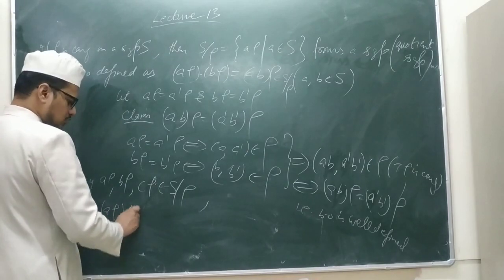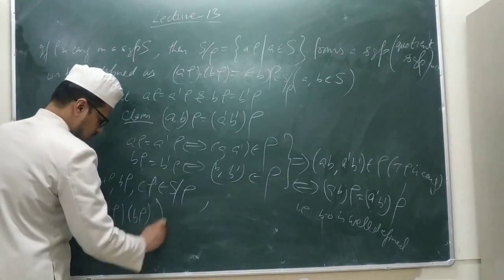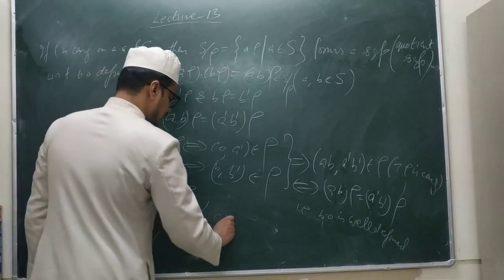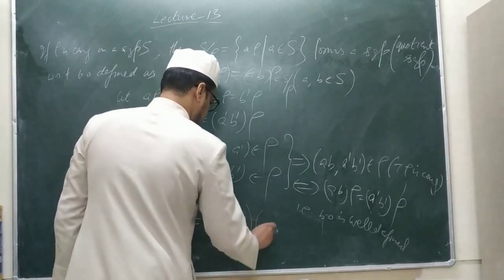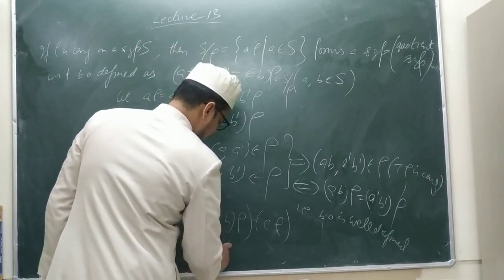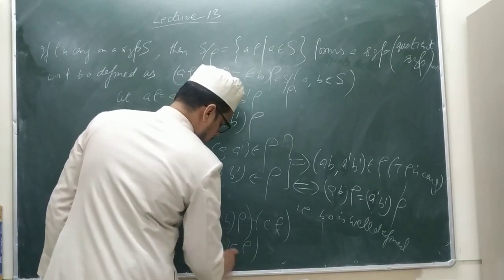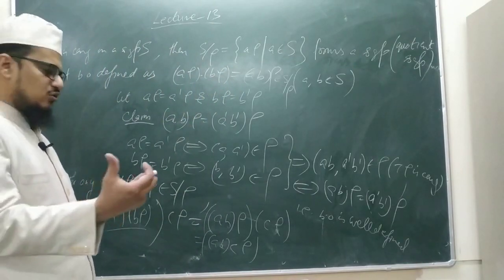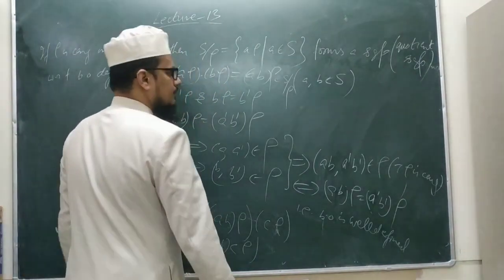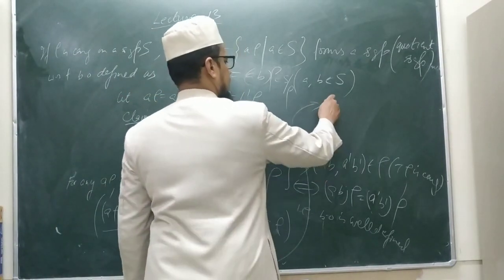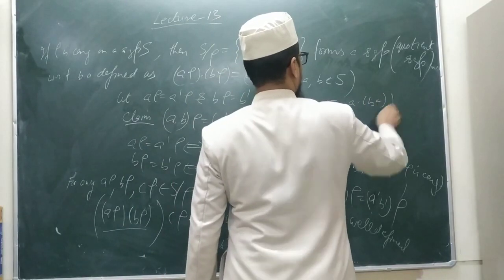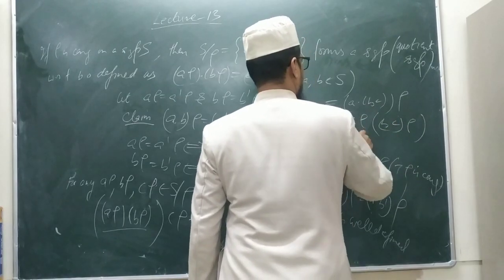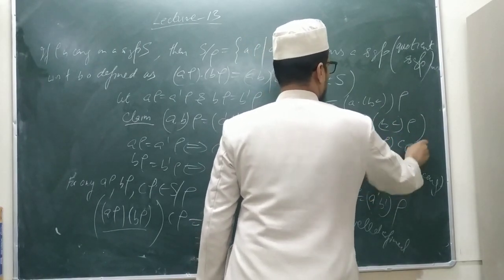Then (a rho)(b rho) times c rho is (ab) rho times c rho, which is (ab)c rho. Now we can write (ab)c as a(bc), so it is a(bc) rho. Now it is a rho times (bc) rho, which is a rho times (b rho)(c rho).